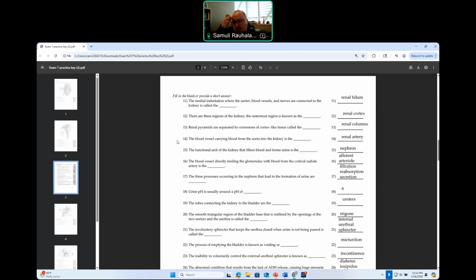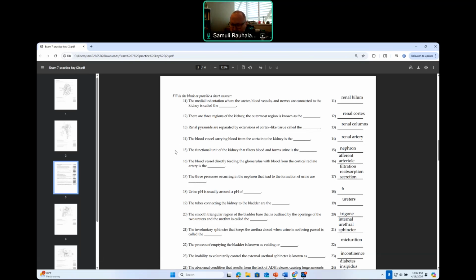And question 14 reminds us of the major vessel carrying blood from the abdominal aorta to the kidney. That was a renal artery. Remember, arteries were marked in red. Then, as we saw just a while ago, the nephrons are both the functional and structural unit of the kidney.